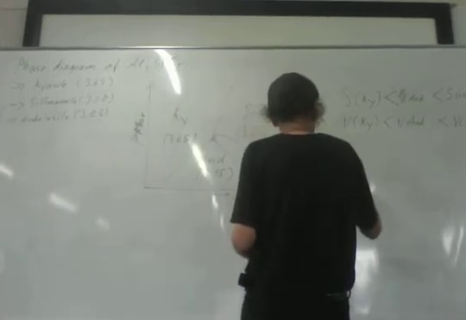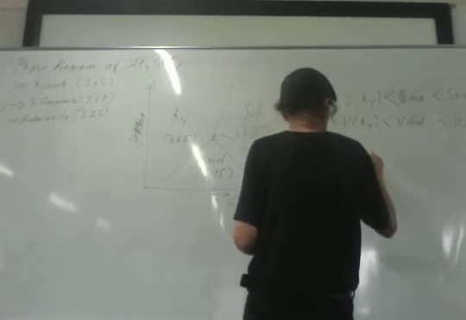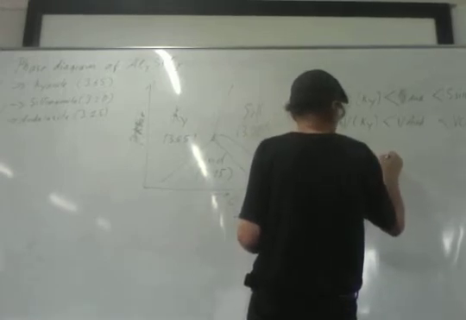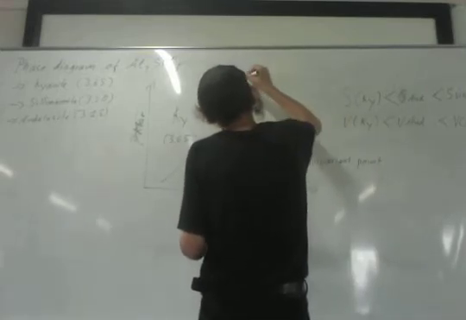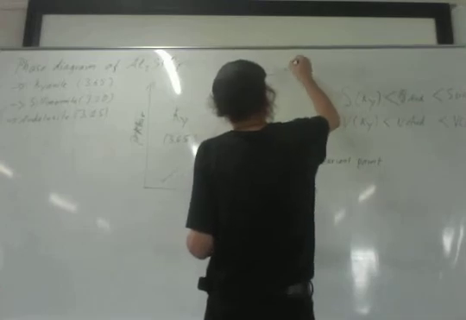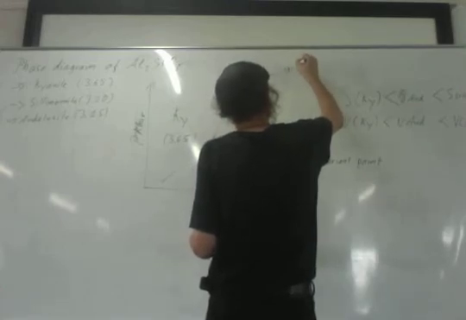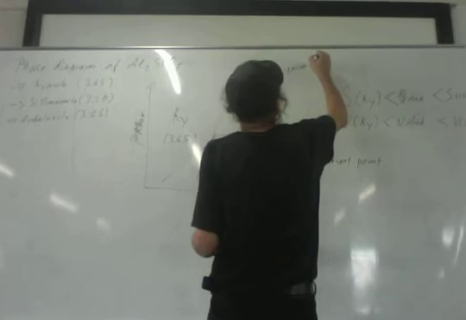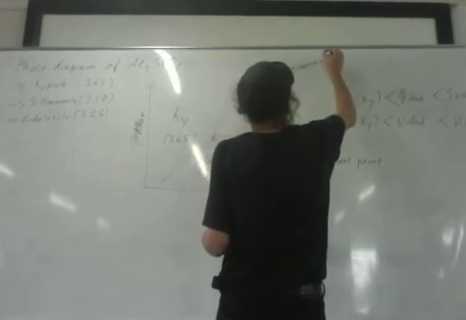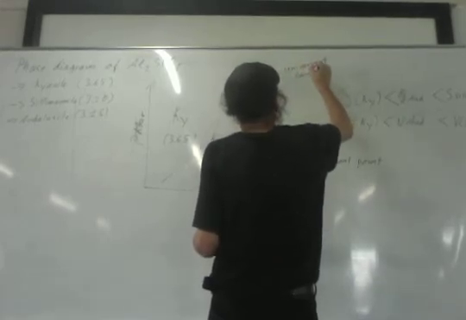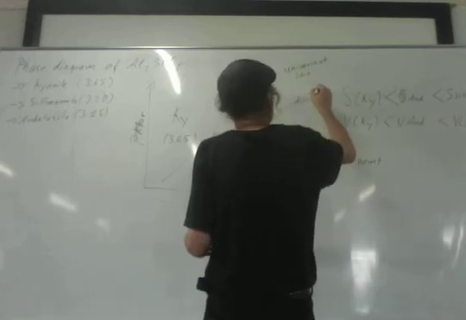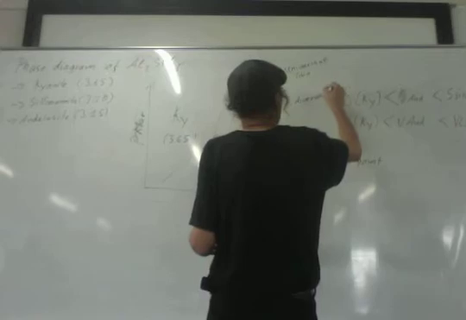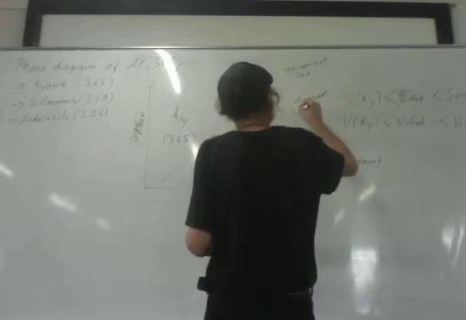Here we have the invariant point. Here we have a univariant line. And here we have a divariant field.